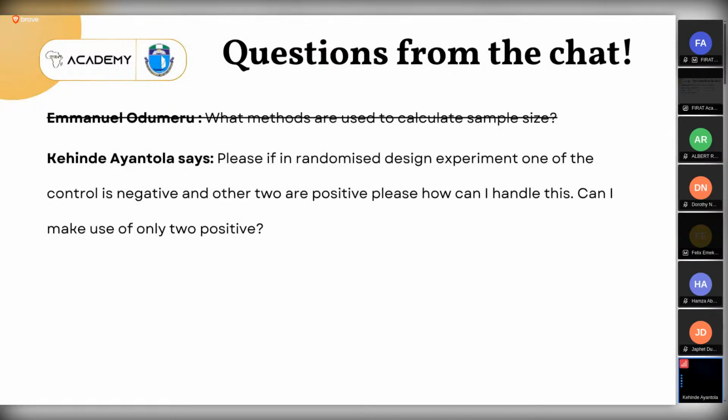Can you hear me? Yes, I can hear you now. Go ahead. What I'm saying is that in randomized design there are 3 replicates. Control also will be in 3 replicates.